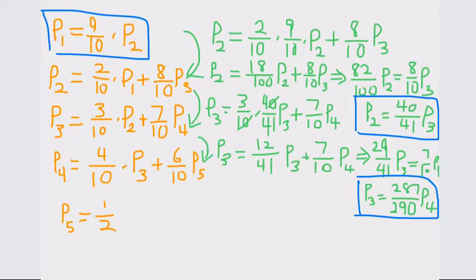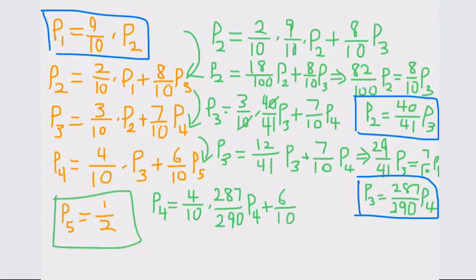And finally, we can plug that into the p4 equation to get p4 equals 4/10 times p3, which is 287 over 290 p4, plus 6/10 times, we know that p5 is 1/2. So simplify, this is 2/5, and this 2 and this can be 145, and then this is going to be 3/10.